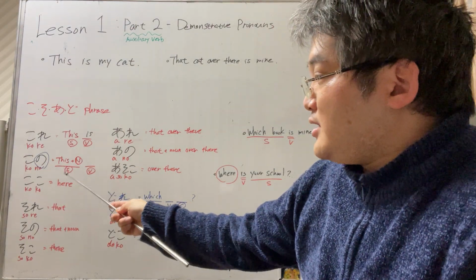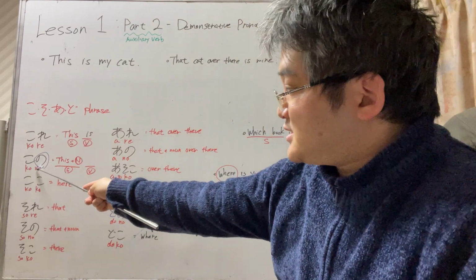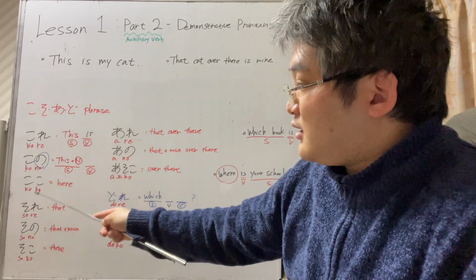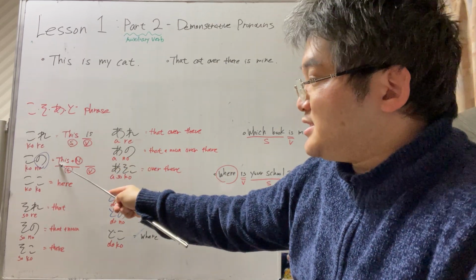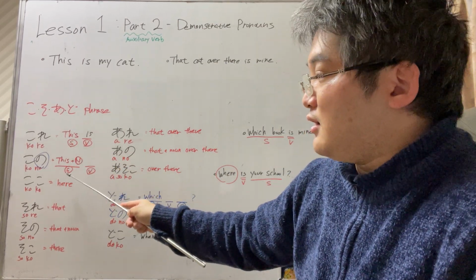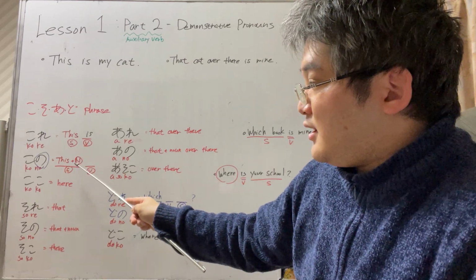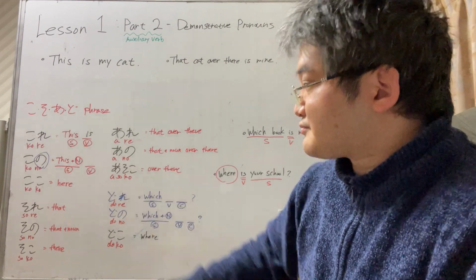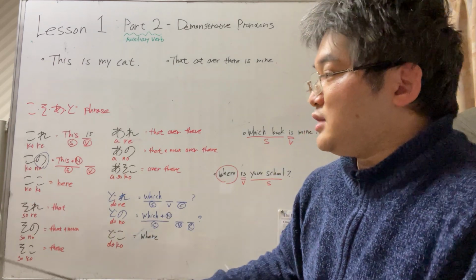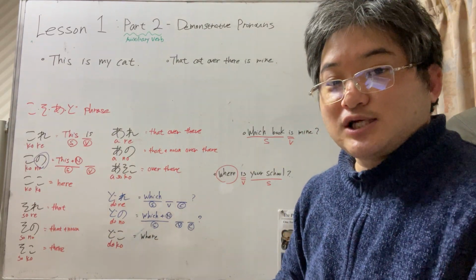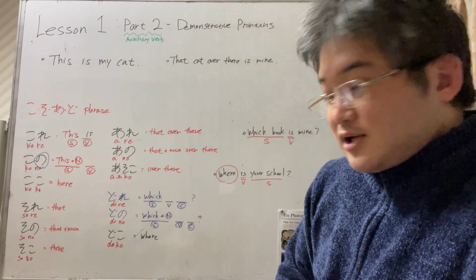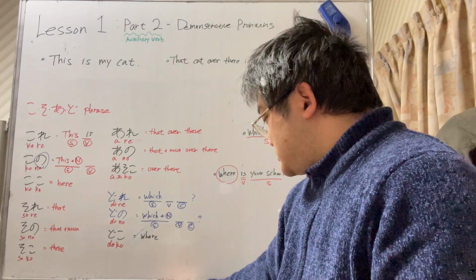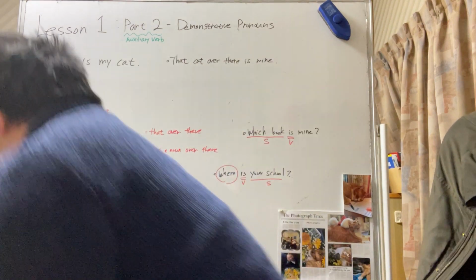And here as well, once you have kono, it's no longer just this, but this plus a noun, because right after no you're supposed to expect a noun. On this demonstrative pronoun, let me explain in this way.